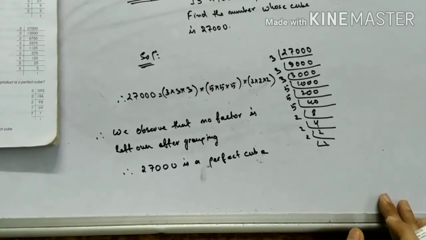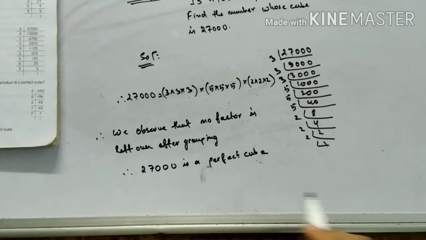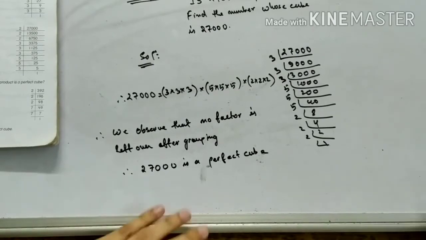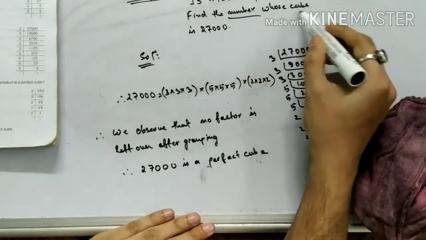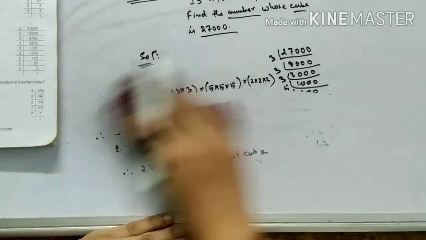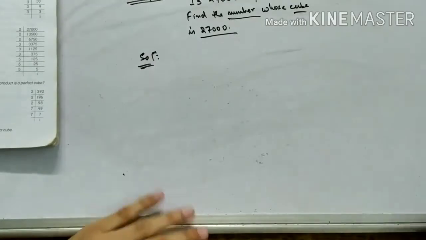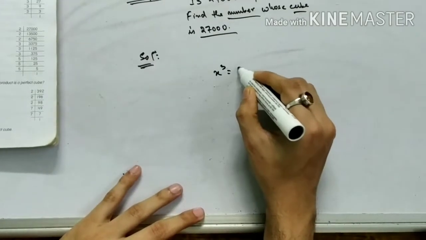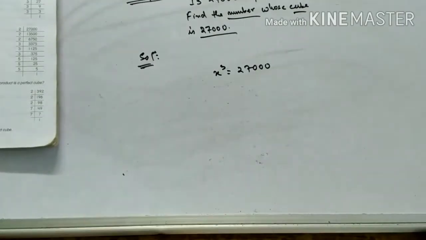So find the number whose cube is 27000. That means now I will have to find which number's cube is equal to 27000.